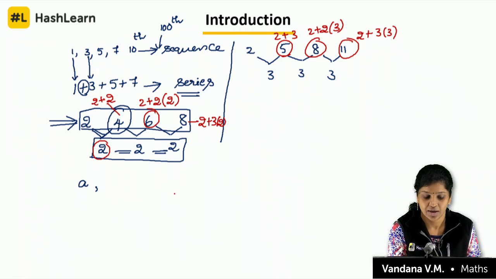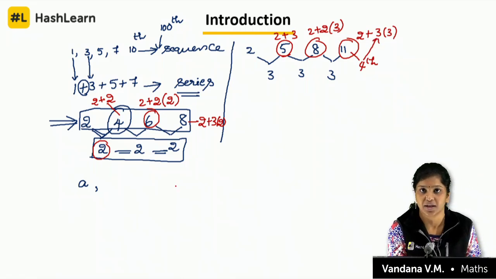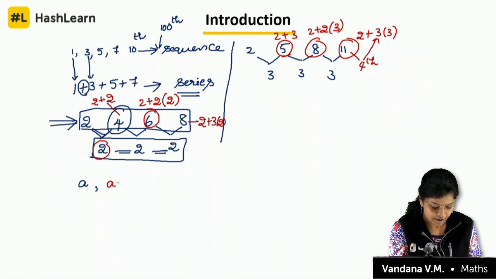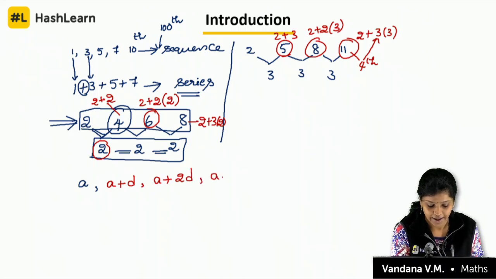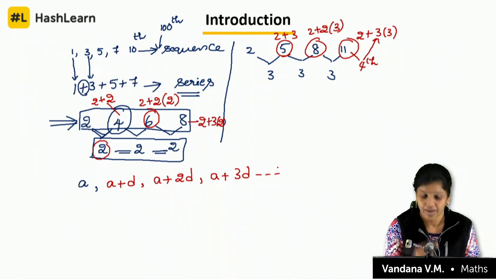So in general, this is the 4th term, right? This is the 4th term, so I am writing here 3. In general, the first term is a, the second term is a plus d, a plus 2d, a plus 3d, and so on. For the nth term, it will be 1 less, right?